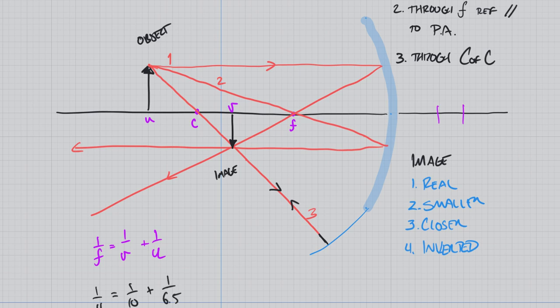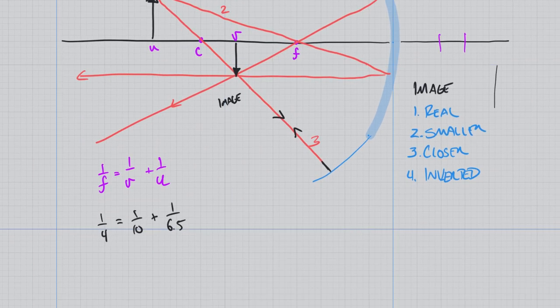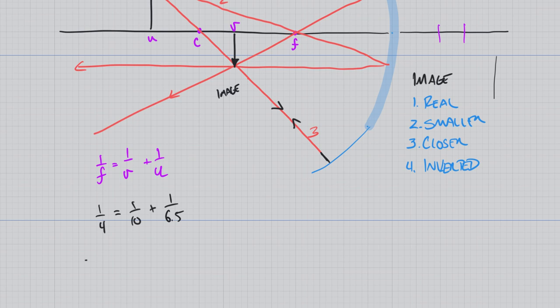And that mathematical relationship should hold true. And we can see that it does, because if we look at this, this is 0.25, this is 0.1, and this is 0.15. And those 2 added together are going to give me the 0.25. So this is the equation then that I can use to relate the object, the image, and the focal length.